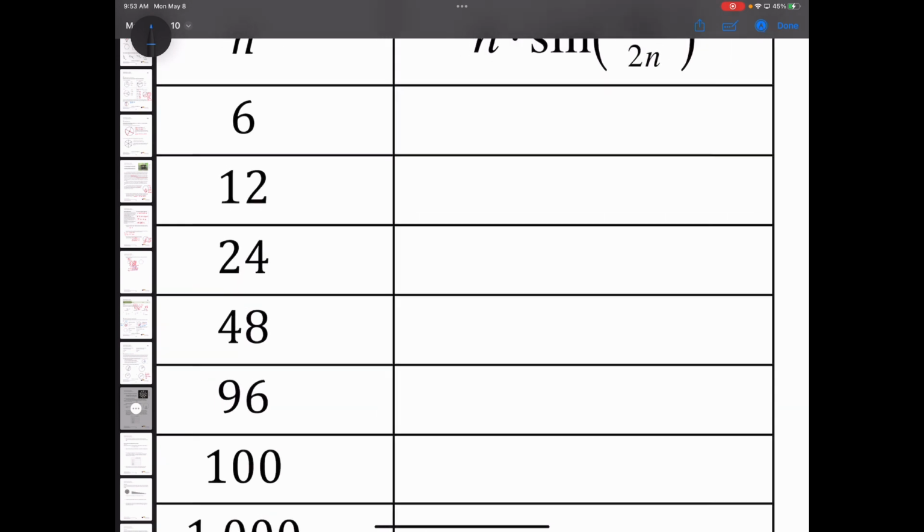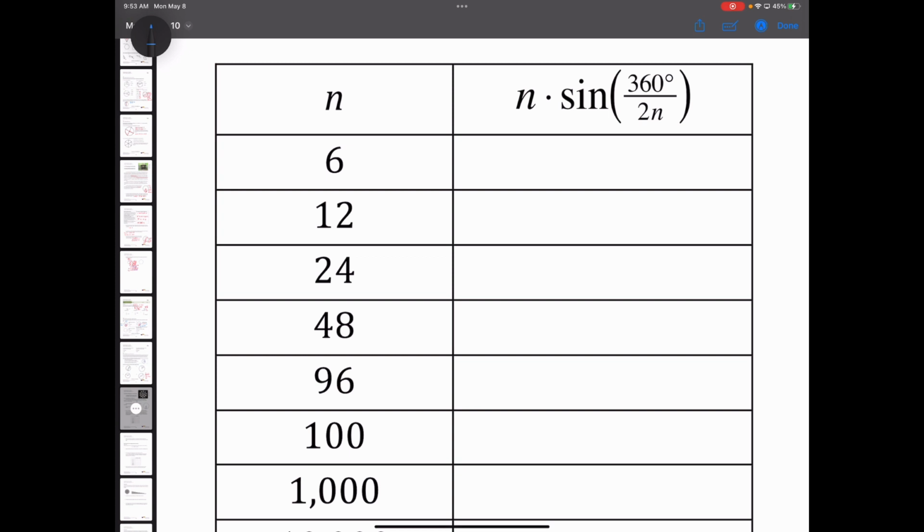So like right here, what I would want you to put in your calculator is 6 anywhere there's an n. So 6 times the sine of 360 over 2n. Now you need to make sure that this whole denominator right here is in parentheses. Otherwise, it will not give you the correct answer.